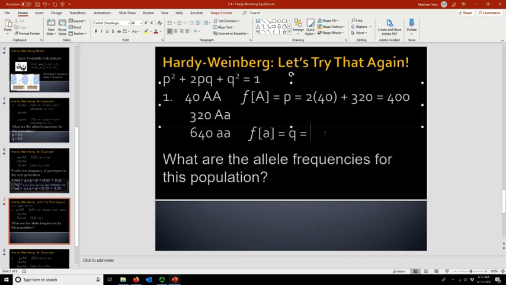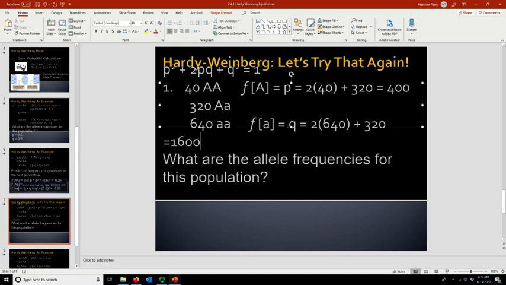For the q value, 2 times 640 plus 320. So I have 1280 plus 320, 1600.